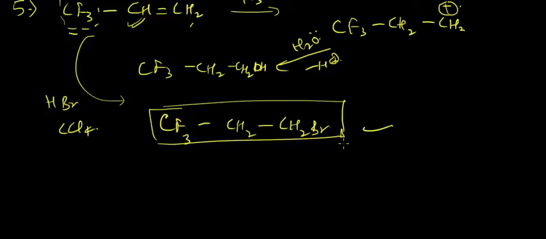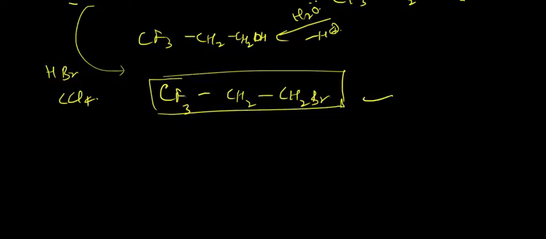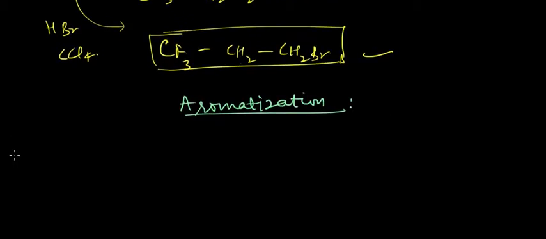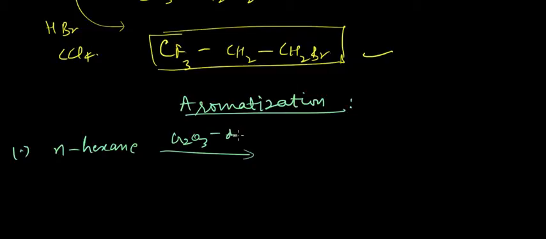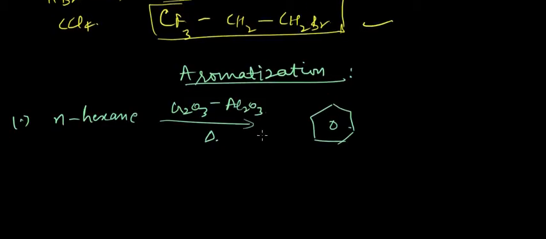So let's also discuss a reaction which is called aromatization. What actually happens in this reaction is, suppose we take n-hexane, and we react it with Cr2O3 and Al2O3, and we heat this. What will happen is this n-hexane will convert itself into benzene.